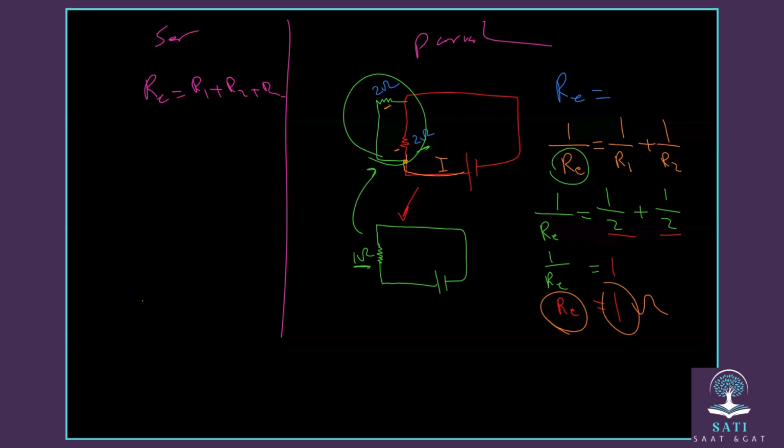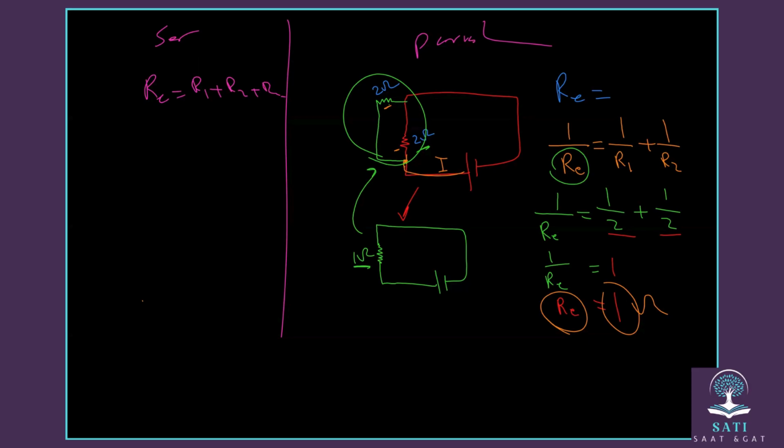Yes, I should tell you that the equivalent resistance in parallel connection is always less than the smallest resistance. While if the connection is in series, the equivalent resistance will always be greater than the greatest resistance there, because you add them.